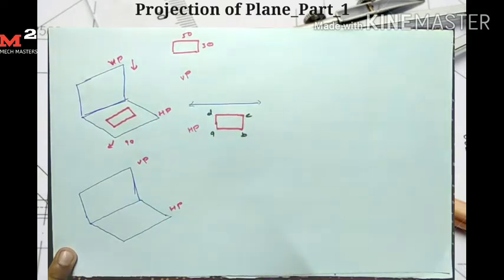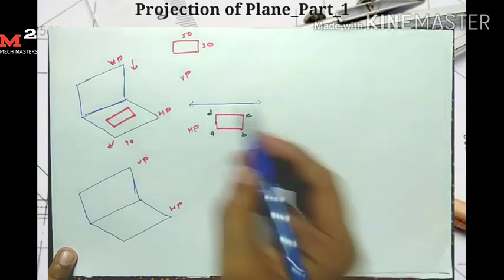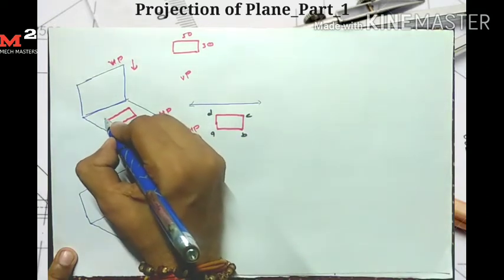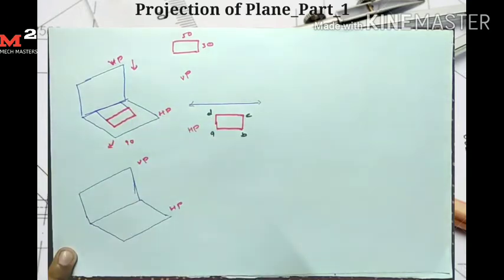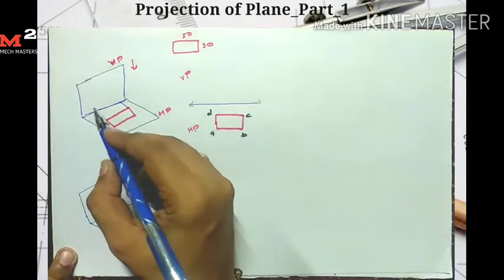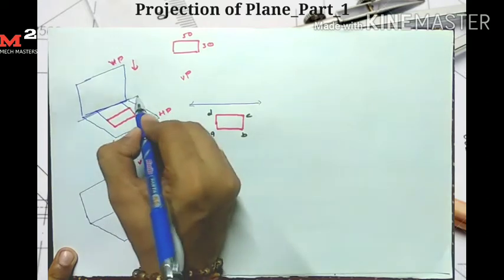Now for drawing its front view, I take the projection from here. Here the plane is resting on HP, so all 4 points are on the horizontal plane, and for a resting point on HP or VP, we draw the point on the reference line. So all 4 points I get on this reference line, the XY line.